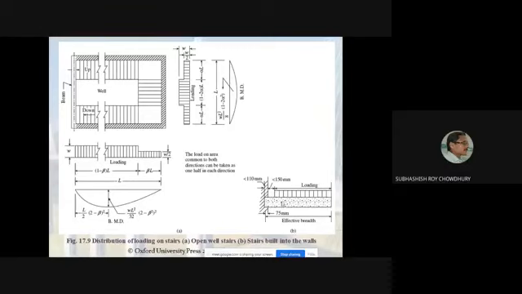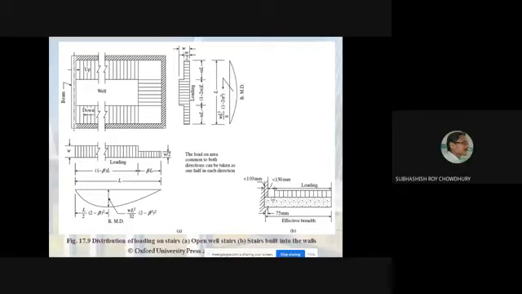If the slab is embedded within the wall, then also I suggest to consider the load over the entire width, though the code does not recommend that. Okay, code has given the allowance that you may consider the load up to this point. There is a gap of 150 millimeter, but there is no load. But the code tells that in that case, you should consider the width of the slab, okay, measured up to 75 millimeter within the wall.